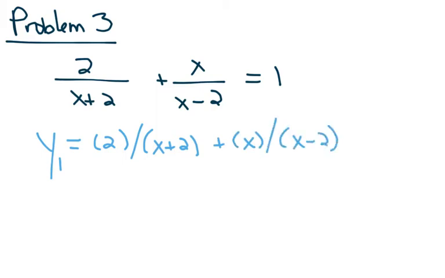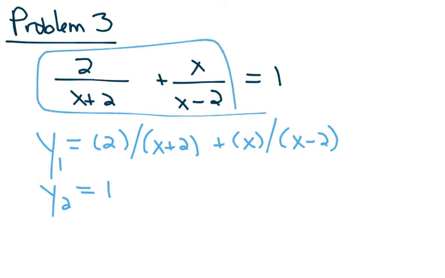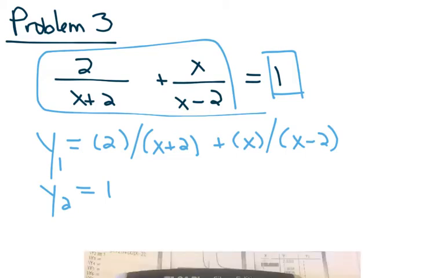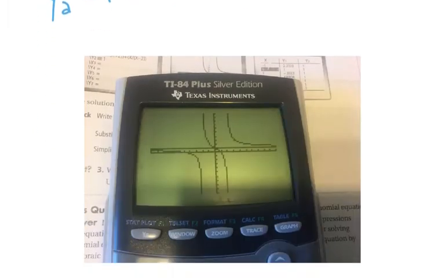Maybe that's just because they are using a different version of the calculator. I don't know. But the way the calculator does it is it puts the left-hand side of the equation in y1 equals, and it puts the right-hand side in y2 equals, and then it finds where those two graphs intersect.